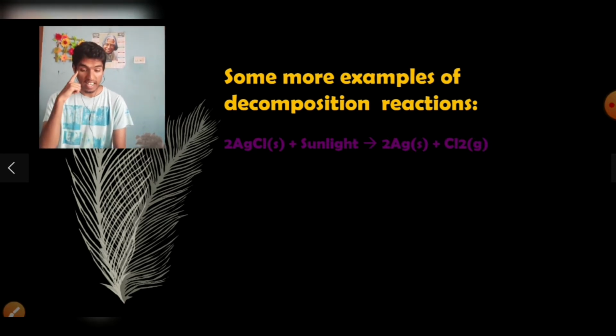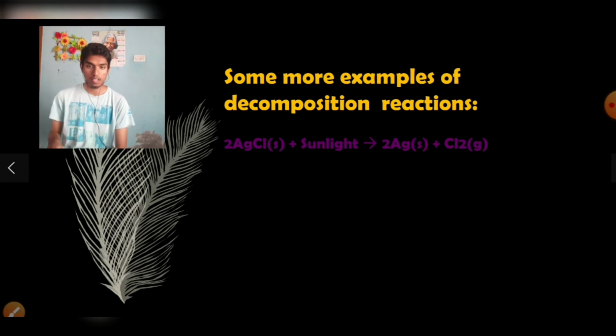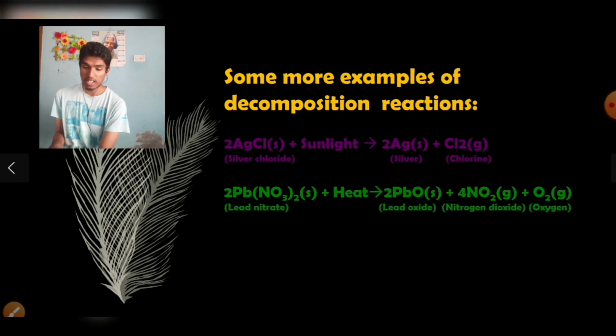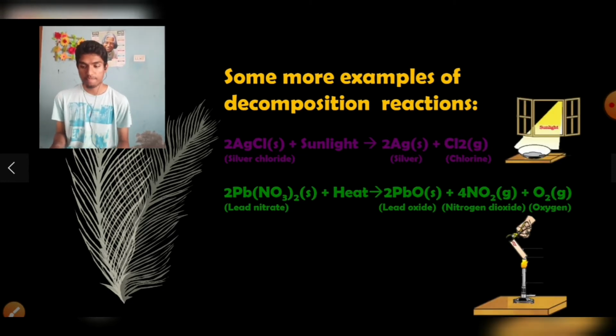If we take some amount of silver chloride and place it in sunlight, the compound decomposes to give us silver and chlorine gas. Another example would be the reaction of lead nitrate with heat. Lead nitrate, when heated, gives us lead oxide, nitrogen dioxide, and oxygen. These are some examples of decomposition reaction, and these are the pictorial representations of these two examples.